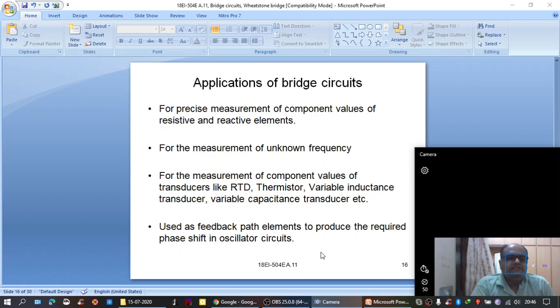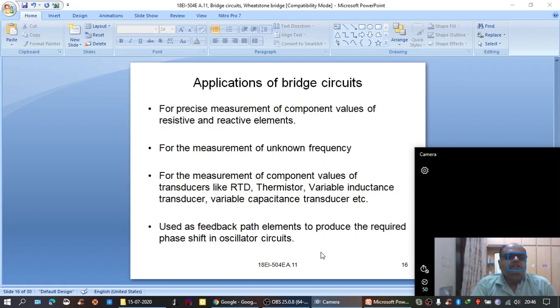What does Barkhausen criteria say? The total gain around the loop should be equal to 1, or total amplification around the loop should be equal to 1, and the total phase angle around the loop should be equal to 0.